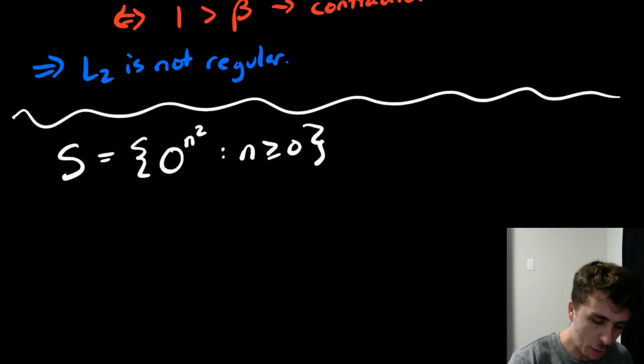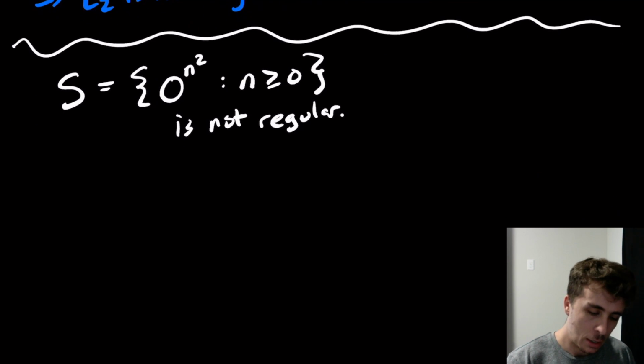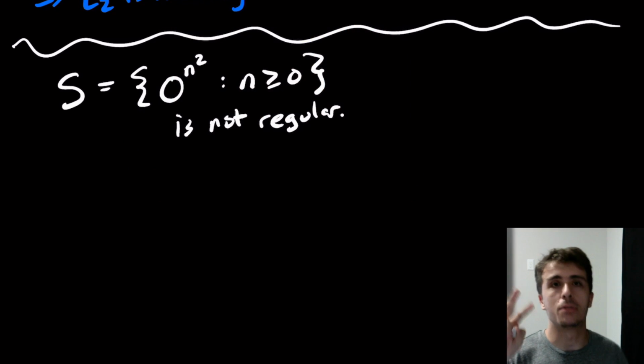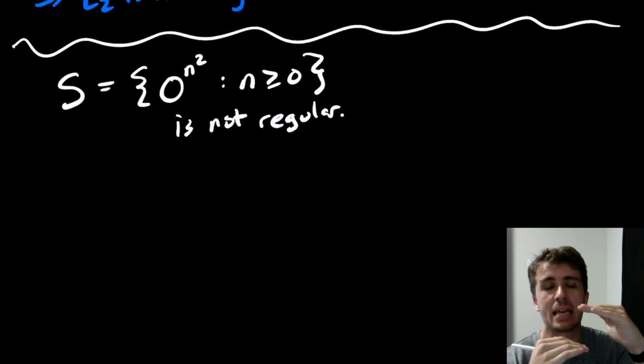Okay, so I want to show that this is not regular. So what do we actually do here? The first two proofs that we did are actually pretty standard. These are a little bit more, you have to think about it a little bit, which is perfectly fine, but it's not exactly lining up with the proof strategies that we did before.